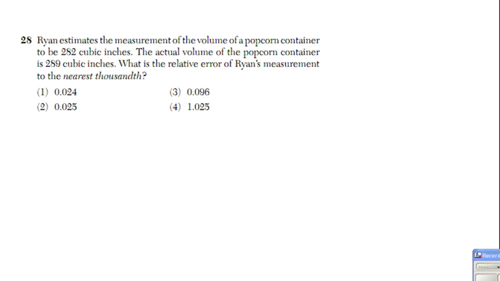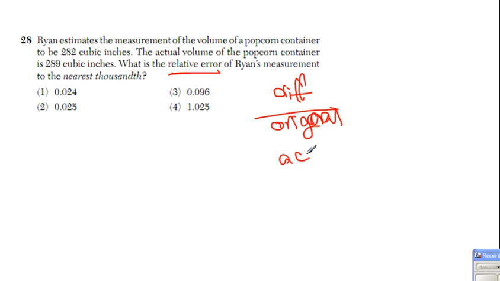Alright, here we have relative error. How do you find the relative error? It simply becomes difference over original, or in this case the actual. So here the difference is simply 7. Original is equal to 289, my bad. Then whatever we calculate, this becomes our answer.